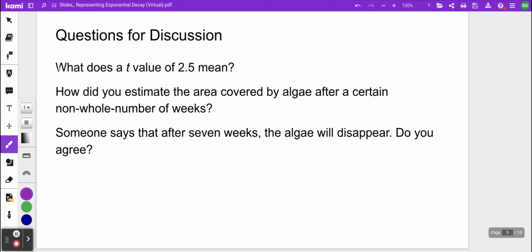All right. So that first question's asking what would it mean if t was 2.5? Well, remember t represents our weeks, and t equals 2.5 would mean we're talking about 2.5 weeks. There's going to be some change between week 2 and week 3, and so you could look at halfway through the week what that algae area would be.